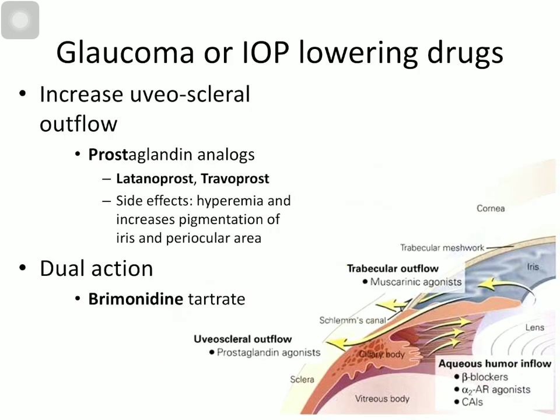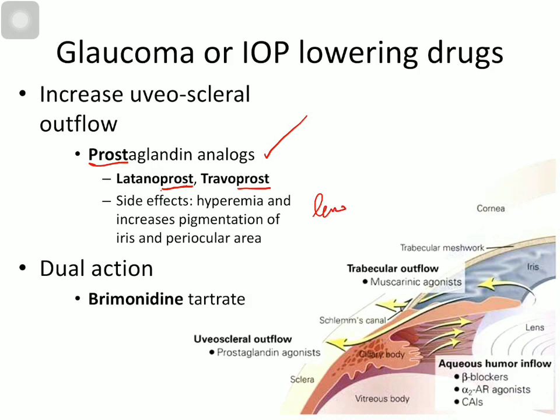Okay. To increase uveoscleral outflow, we usually use the prostaglandin analogs, such as your latanoprost and your travoprost. So the names are very telling, no? This is your prostaglandin. The ending of the name is also prost over here. Okay. The side effects are usually hyperemia or red eyes, and there could be increased pigmentation of the iris and the periocular area.